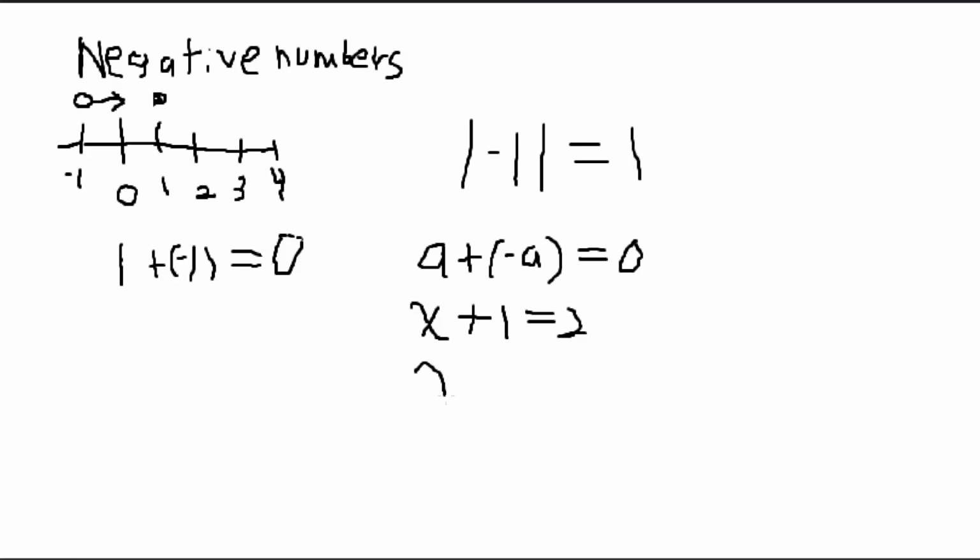So x plus 1 minus 1 equals 2 minus 1. Then these cancel out because of this additive inverse. So we get x equals, and we can just evaluate this, these are just numbers, 1. X equals 1. We just did basic algebra.